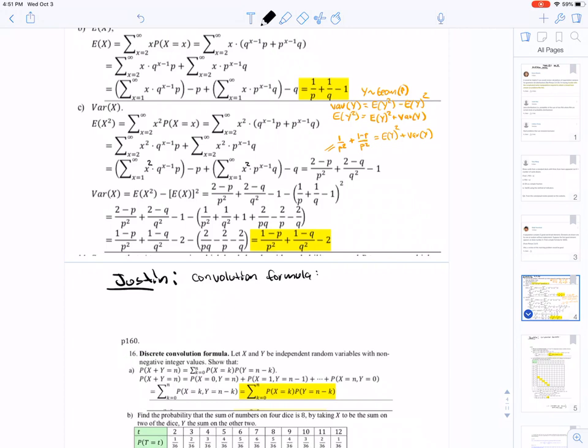So it comes down to the third line here. The first summation here you see as the expectation of Y squared. And to calculate that, I use the fact that the expectation of Y squared is the expectation of Y quantity squared plus the variance of Y. And that allows me to write this summation here as 1 over P squared plus 1 minus P over P squared.